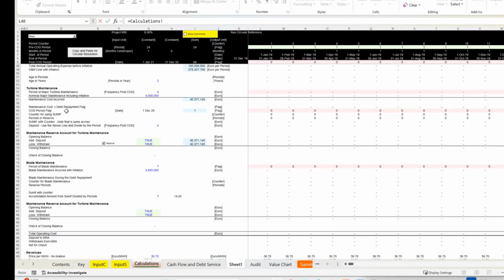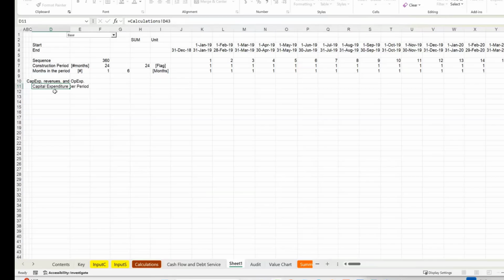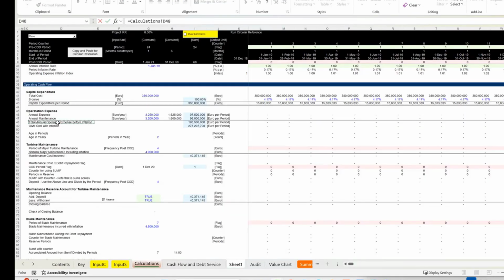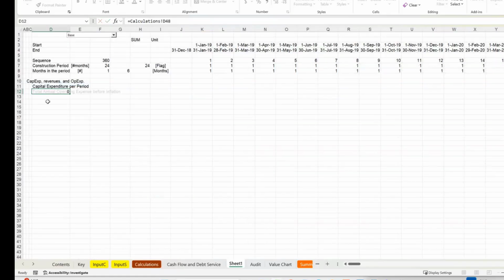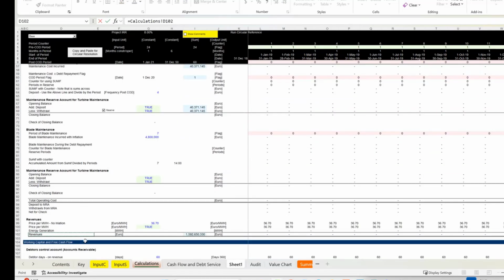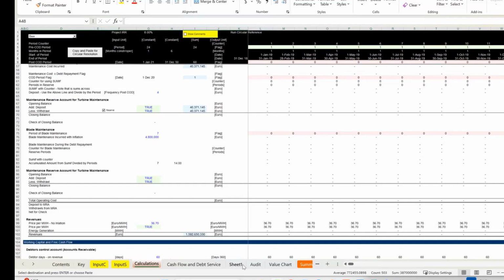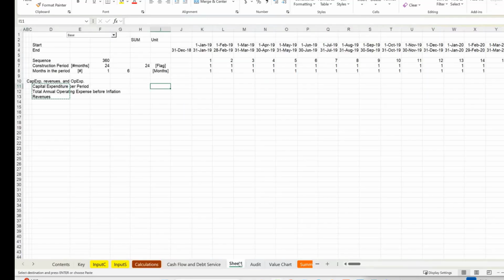I get to see how you do it. OpEx, tell me if I'm missing something. We're purposely missing maintenance. I don't care if we did it before inflation or after. Do you have the same format here?